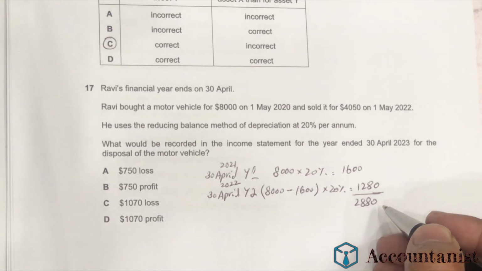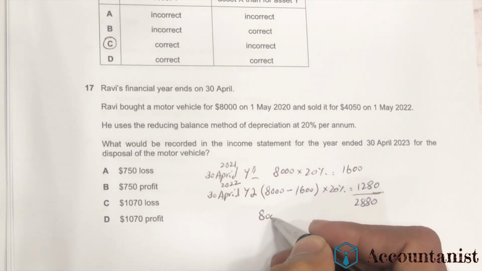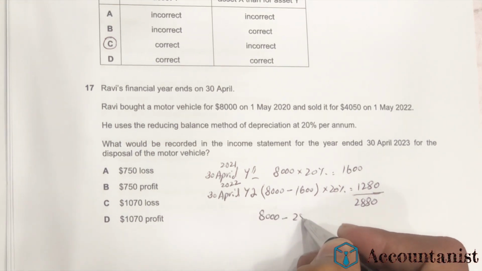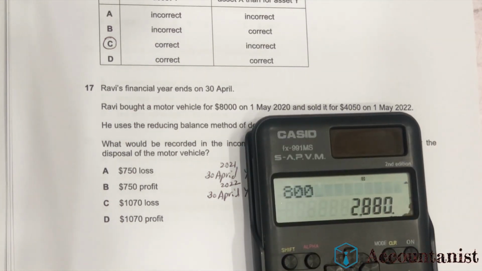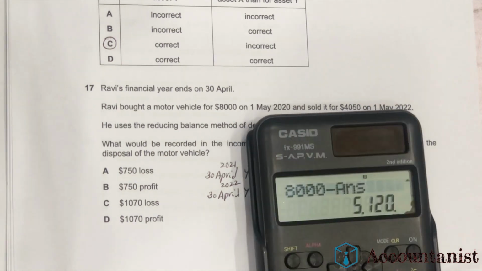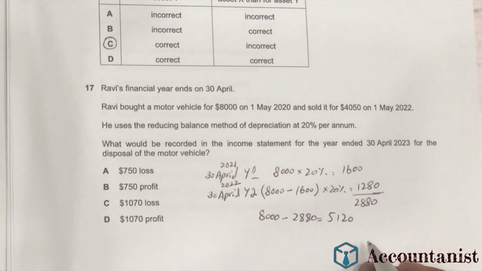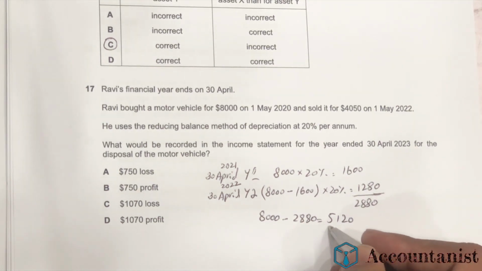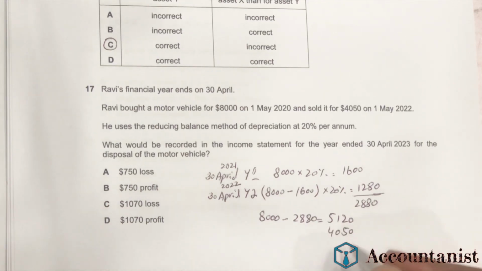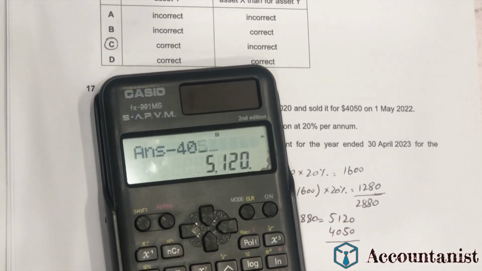So the net book value of this asset at the time of selling will be 8,000 less 2880, which gives me 5120, and we sold this asset for 4050, so there is a loss of $1,070.